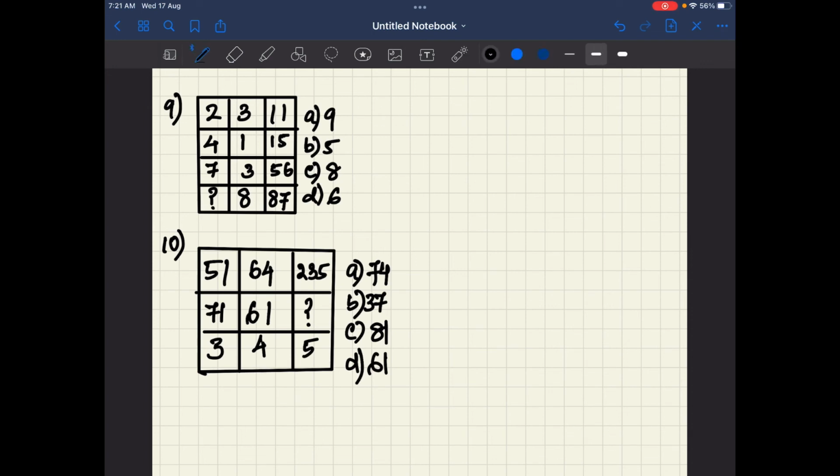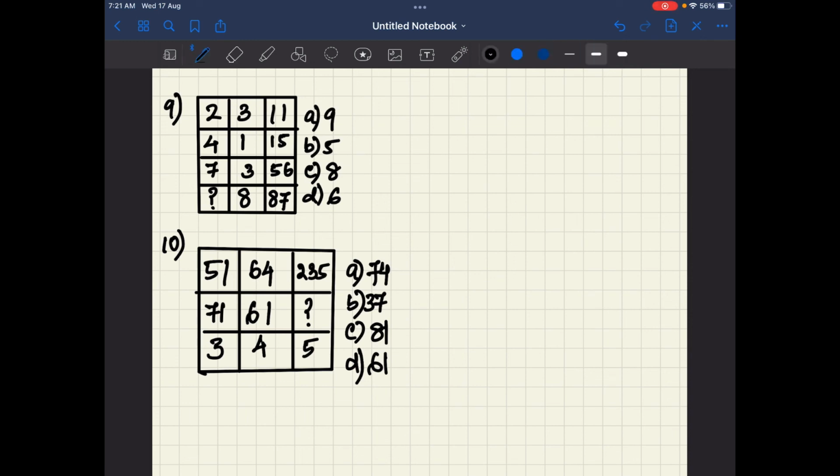So the answer is, we have to find out, 8 8s are 64, we know. So 89 minus 64, so this one is 5.